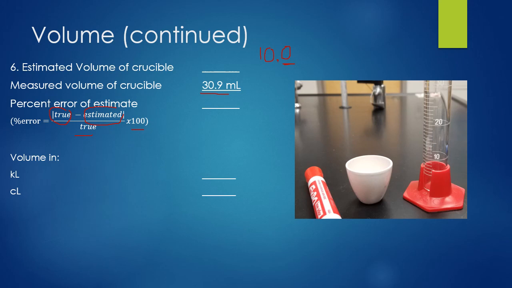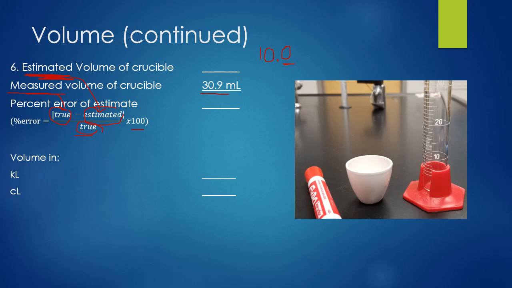In this case, the estimated is, of course, your guess. So you'll plug whatever your guess was into the equation. And then the measured value, that's the true value. That's what actually fits in the crucible. So that's going to go in the true spot. So 30.9 will go here, and it'll also go down here in the denominator.